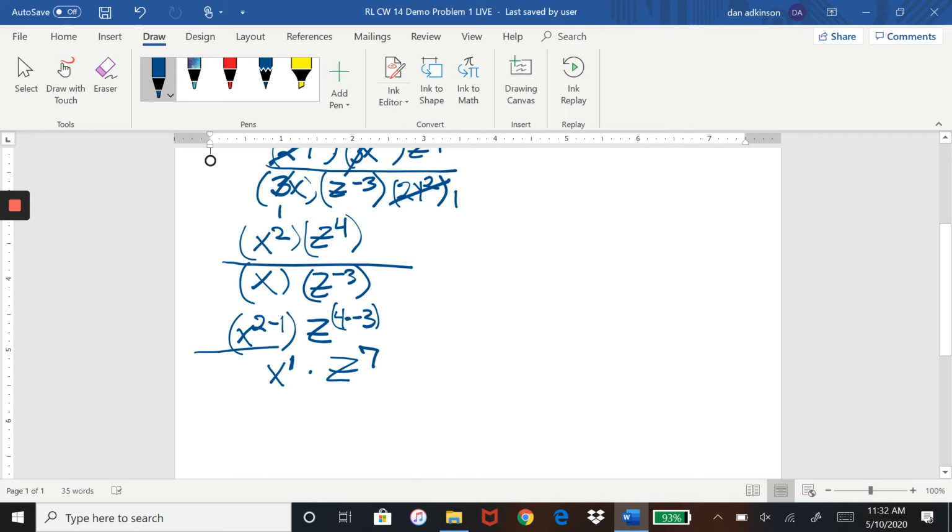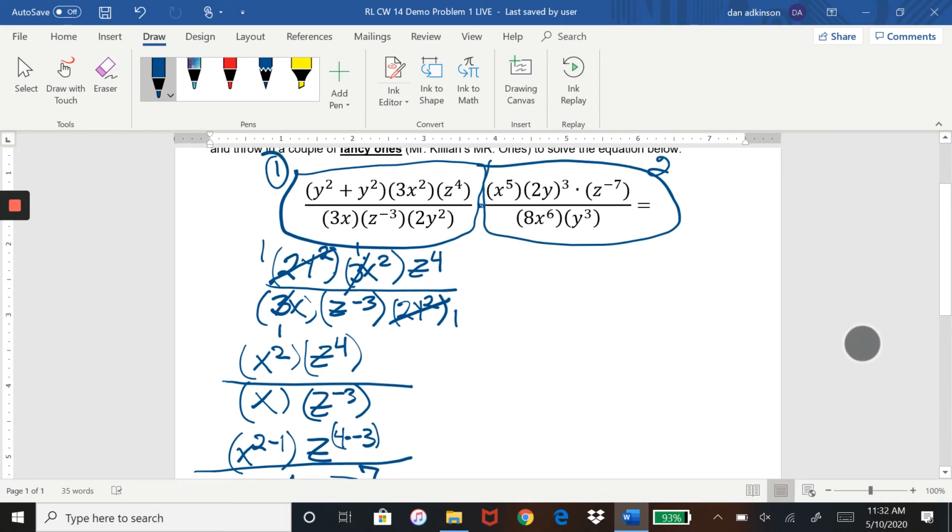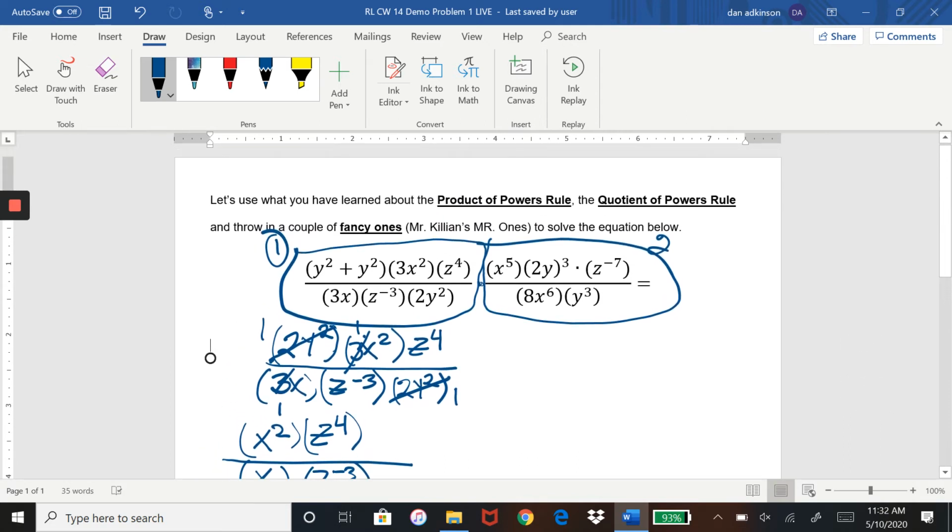And that's about as simple as we're going to make everything on this side. So let's go and take on this side. The thing I want to deal with is this 2y, the whole quantity to the third power. I need to remember to distribute the third power to both the 2 and the y, not just to the y.